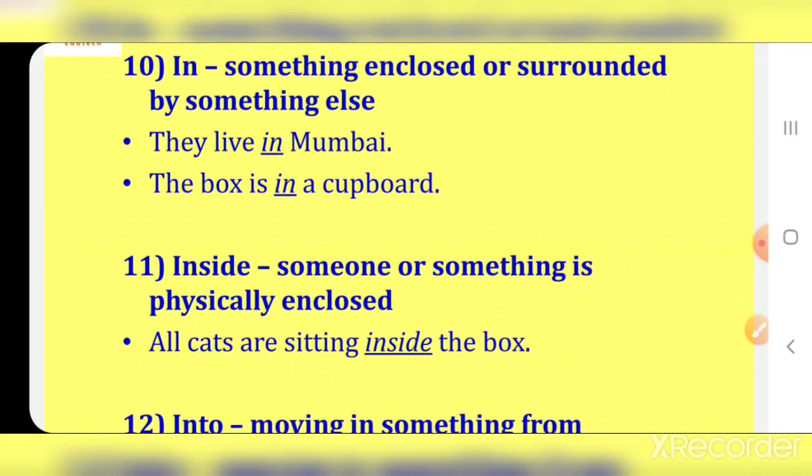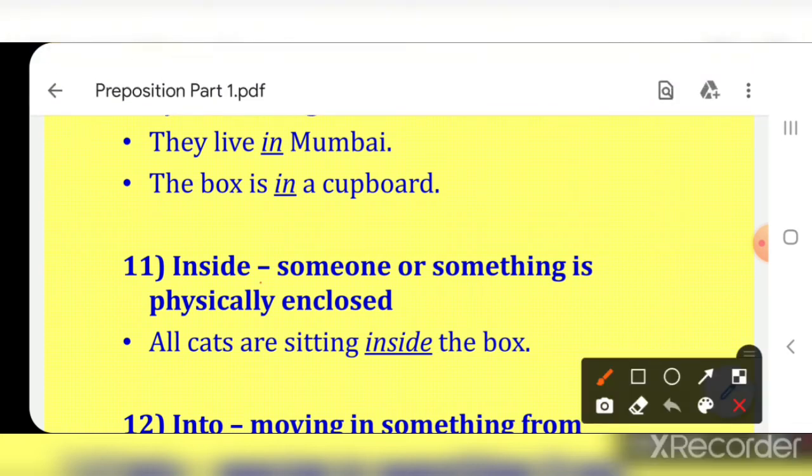Okay. Now next one, inside. When someone or something is physically enclosed by four sides, then inside is used. For example, all cats are sitting inside the box. That means literally there is a box and cats are there. I'm not at all good at drawing, but I'm trying it.